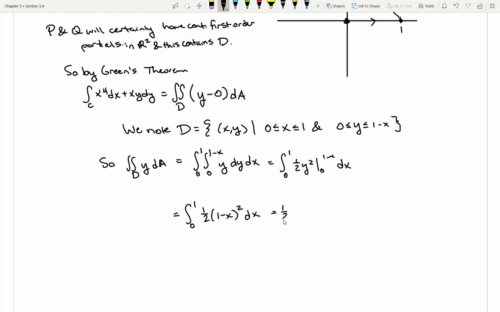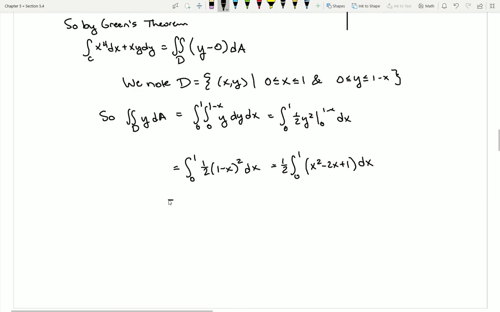This is going to be, I'll pull the 1/2 to the outside of the integral. Let's see here, I'm going to get an x squared minus a 2x plus a 1. So if I integrate this, I'm going to get a 1/2 times 1/3 x to the third minus an x squared plus an x, evaluated from 0 to 1.